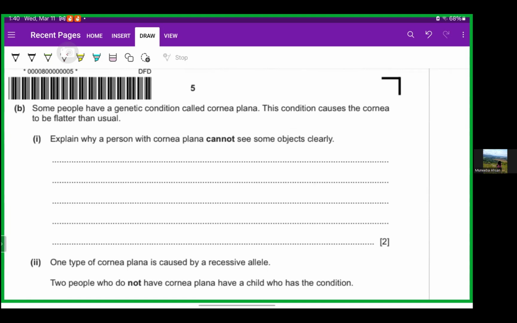Because whatever we are able to see is due to the light being refracted through the cornea and the lens, and then after getting focused on the retina, it is interpreted by our brain what we see. So when the cornea becomes flat, the refraction does not occur properly, and hence the light will not be able to focus on the retina, and you will not be able to see clearly. So what is happening?